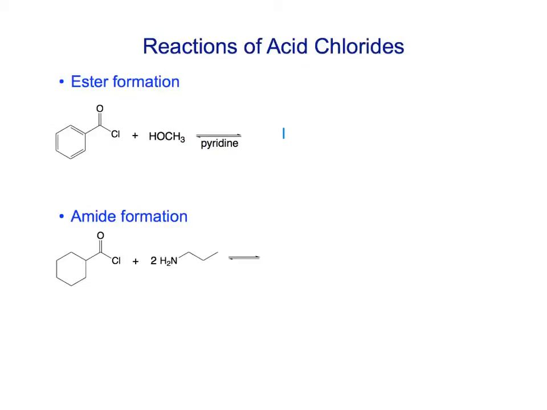We're starting with benzoyl chloride with methanol, and so we're going to make methyl benzoate plus, I'm just going to balance this and put HCl. But of course HCl would react with pyridine and we'd have pyridinium chloride.